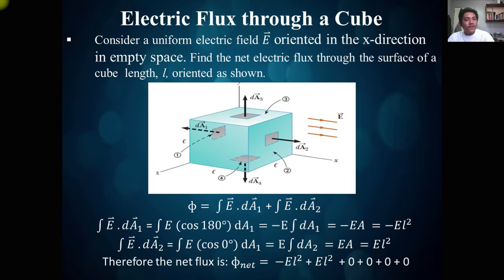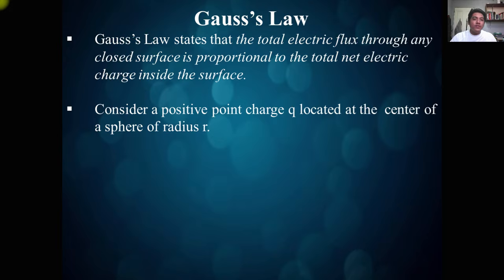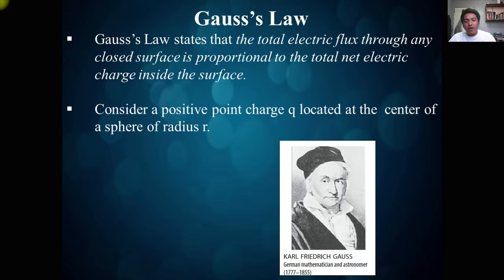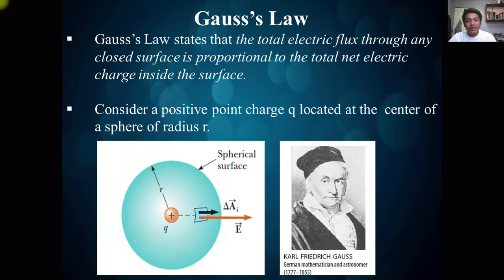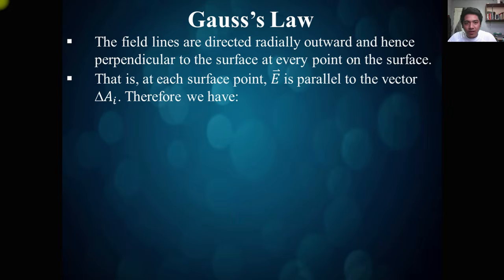There may be an electric flux passing in the positive x direction, but if the closed surface does not have charge inside, then the electric flux through that cube is zero. Here is Carl Friedrich Gauss, who was also a mathematician. We're going now to derive Gauss's law.